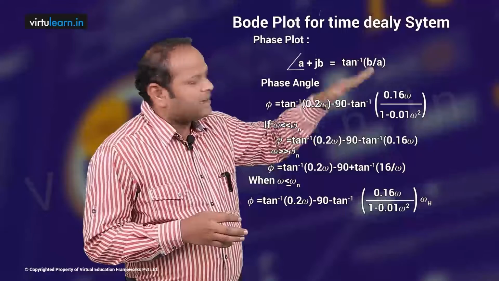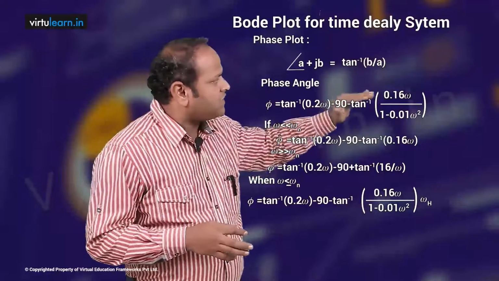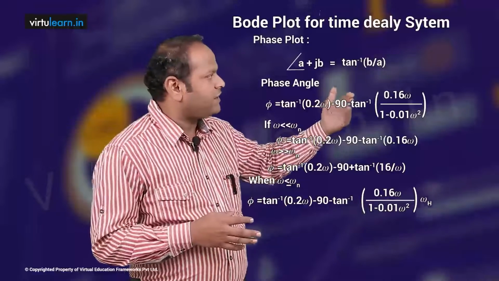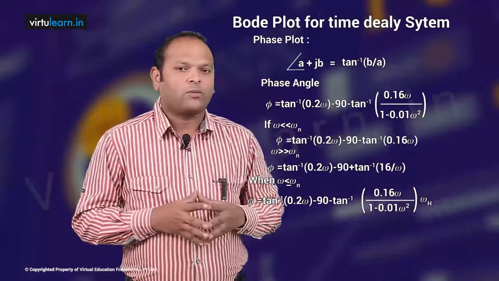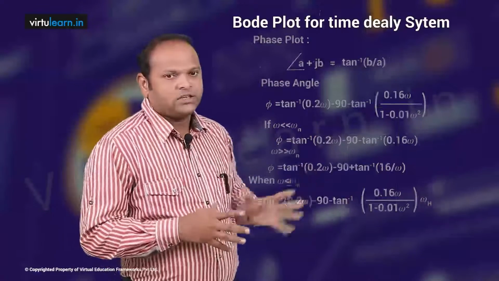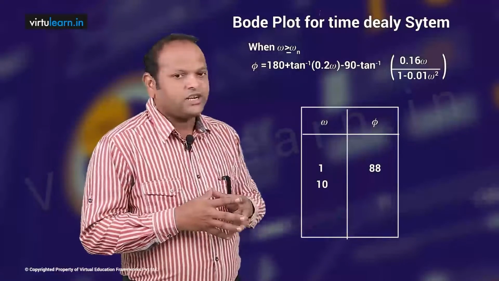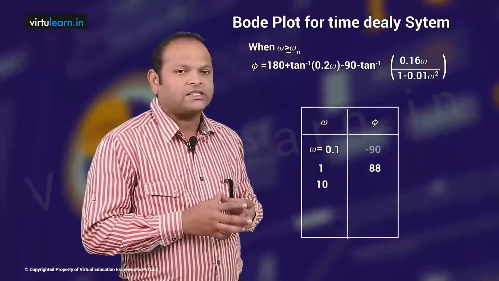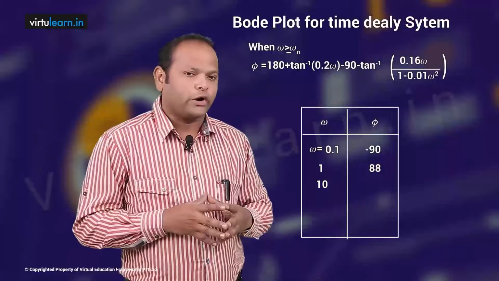When omega is greater than omega n, with the same expression I add plus 180 degrees, which takes care of the problem with omega n. With these values, when you tabulate, initially when omega is 0 the phase angle is going to be minus 90, because there is one pole at the origin.